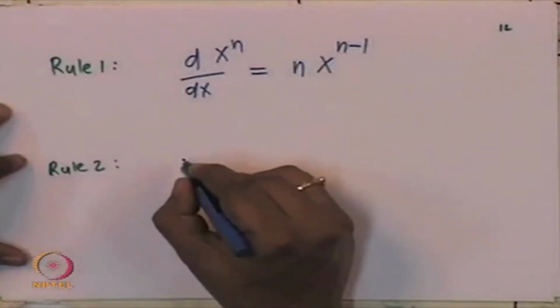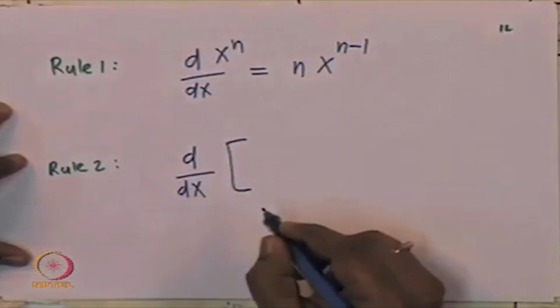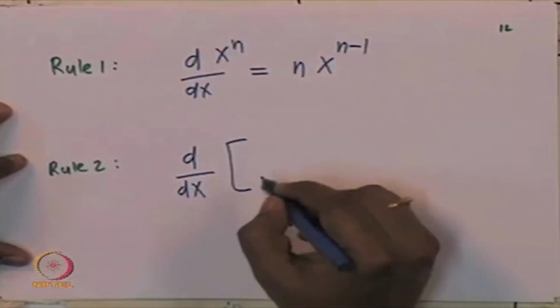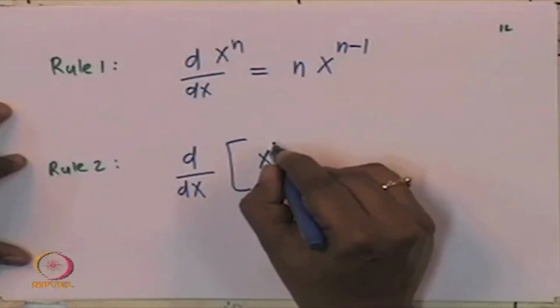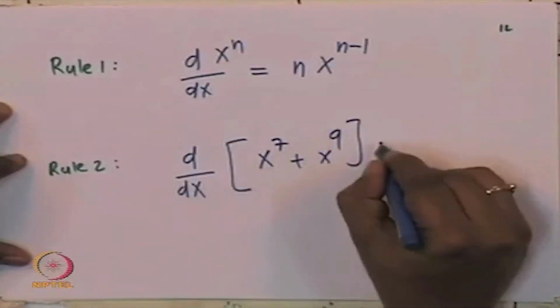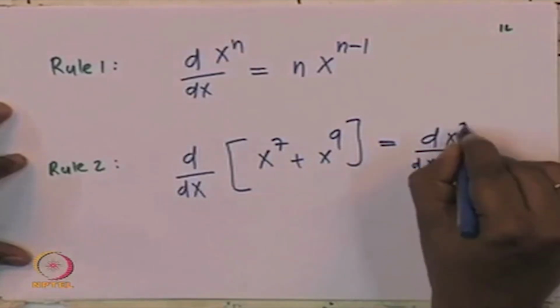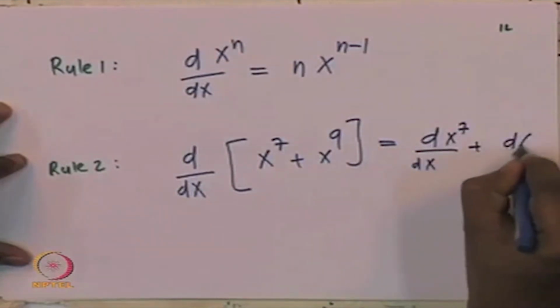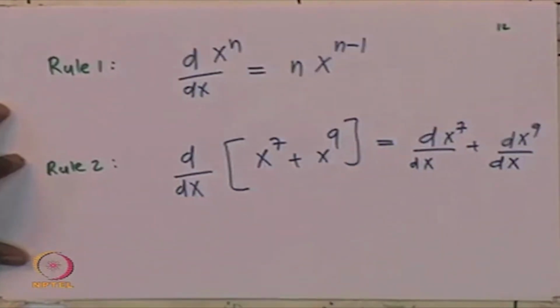If you want to find the derivative of x power 7 plus x power 9, this is the derivative of x power 7 plus the derivative of x power 9. So, this is the second rule.